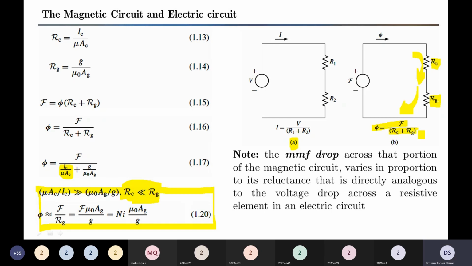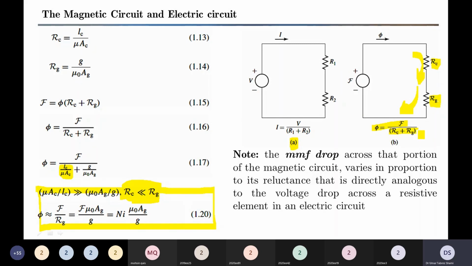So we see that we have similarities between the magnetic circuit and electric circuit. And what is the advantage? We take this to our advantage, so that we can solve our magnetic circuit using the same formulas as an electric circuit, which will make it easy for us to calculate values.